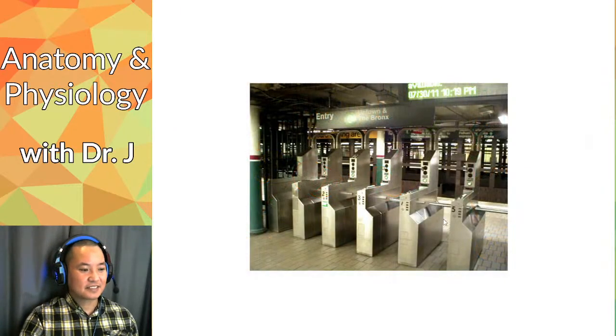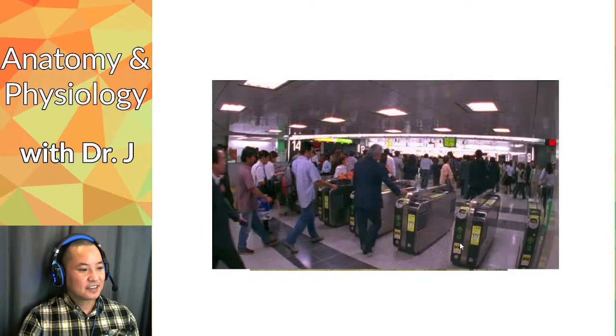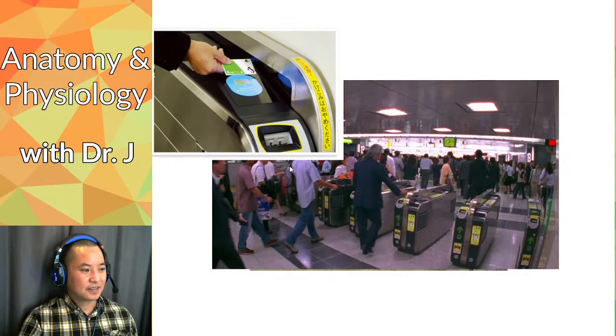Here's an analogy I like to use. These little hydrogen atoms, these protons, are kind of like workers. When they go to work, they have to go through an electronic gate that requires some sort of electronic swipe.